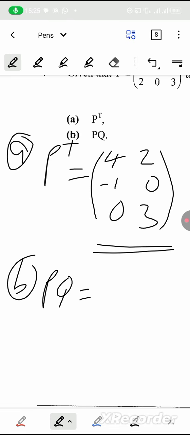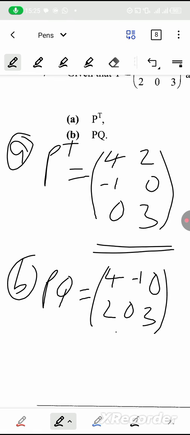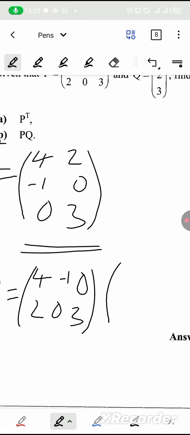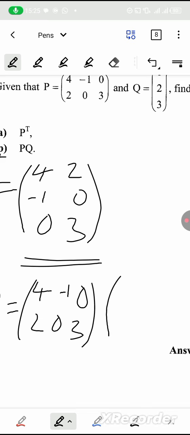So P is 4, negative 1, then 0, then 2, 0, 3. That is our P. Then we are saying times Q, which is 1, 2, 3. So we are multiplying these two.